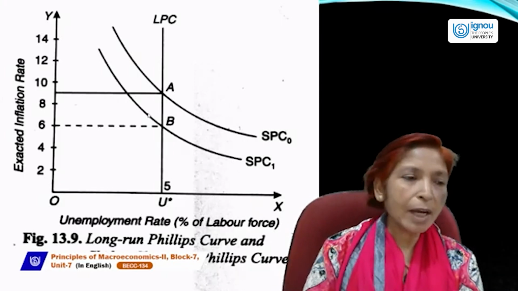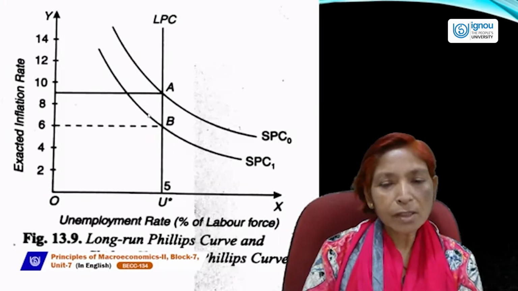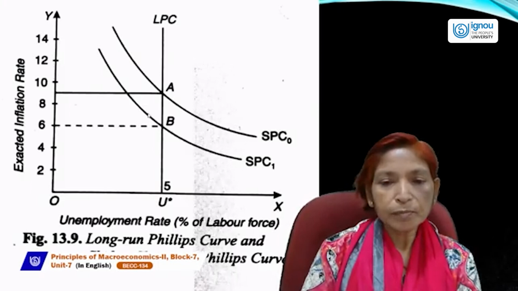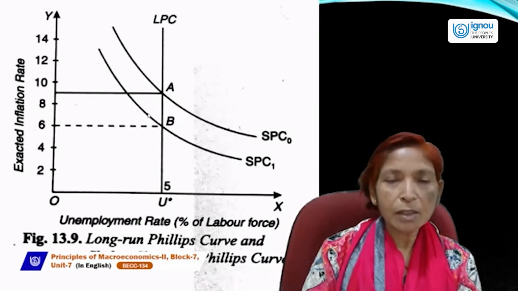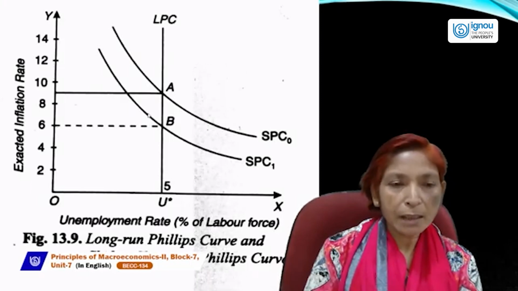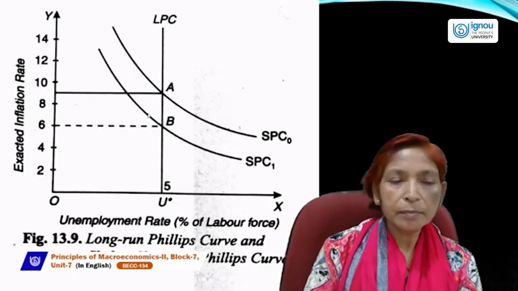On the y-axis we have taken the inflation rate, and here the first short run Phillips curve is SPC 0, intersecting the long run Phillips curve at point A. Here the inflation rate is determined as 9.